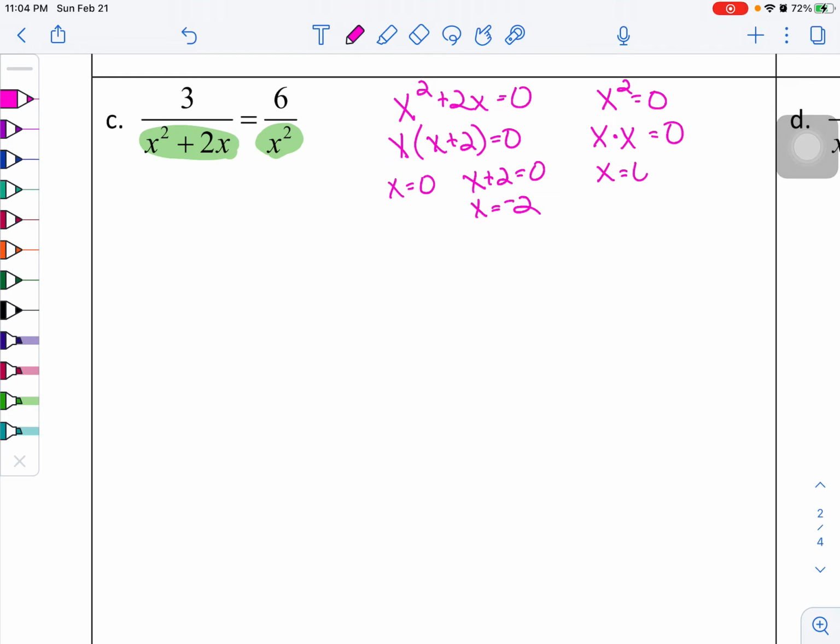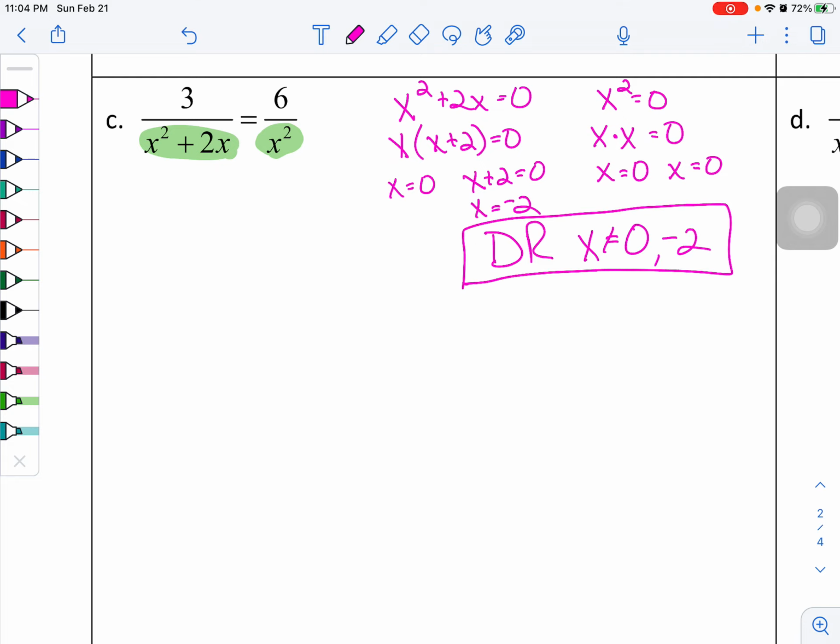So x squared, remember, is going to be x times x. If I set each one of these equal to 0, it's the same x. So we've got a whole bunch of zeros here that x can't equal, and x also cannot equal -2. So my domain restrictions: x cannot equal 0 or -2. So that's the domain restrictions.